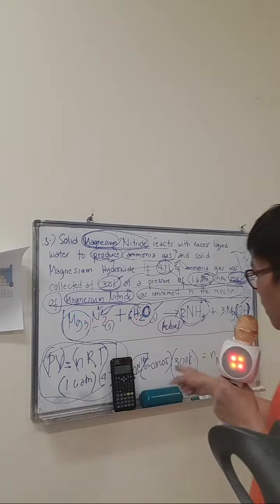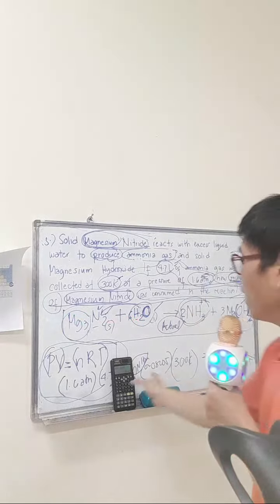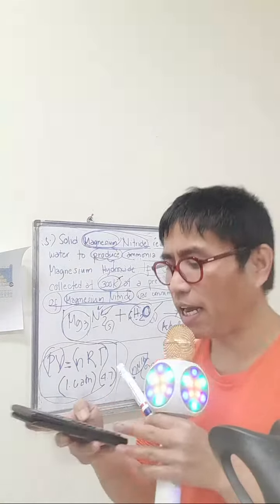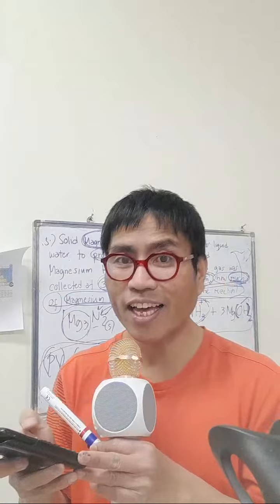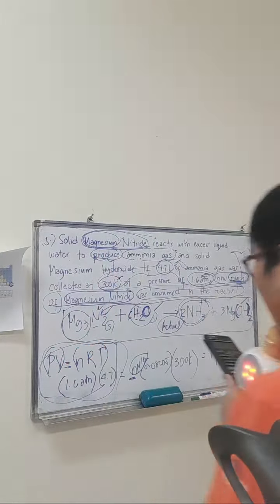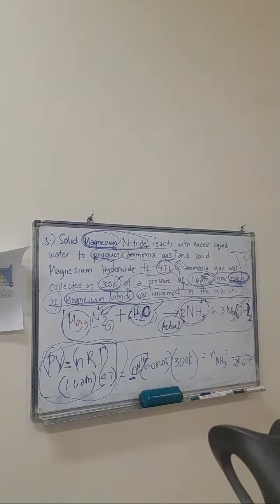Because it is beside the number of moles, it will be in the denominator. Now, 1.6 and 4.7. 1.6, mga palangga. Are you still alive? I'm very sleepy right now, but I still have to manage to do this for the last time. Times 4.7 is equal to 7.52 divided by 24.615.